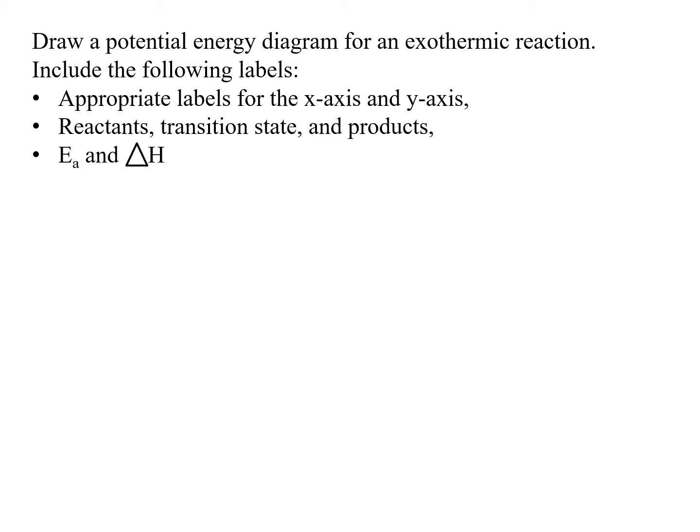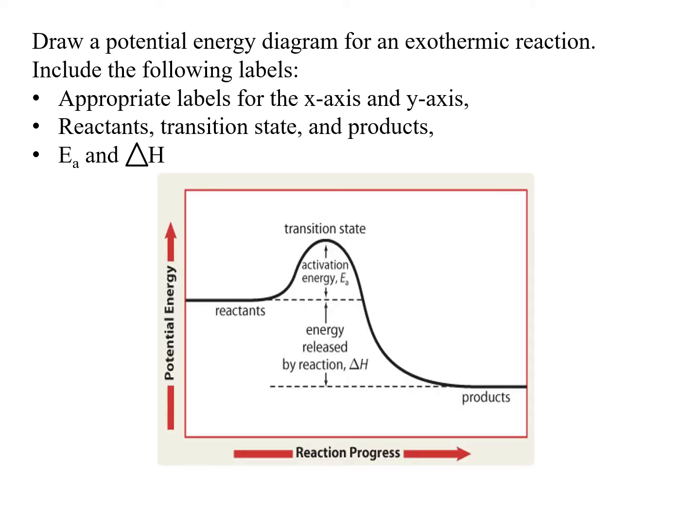Does your diagram look similar to this? And which would be greater for this reaction? The forward activation energy or the reverse activation energy? The reverse activation energy is greater than the forward activation energy.